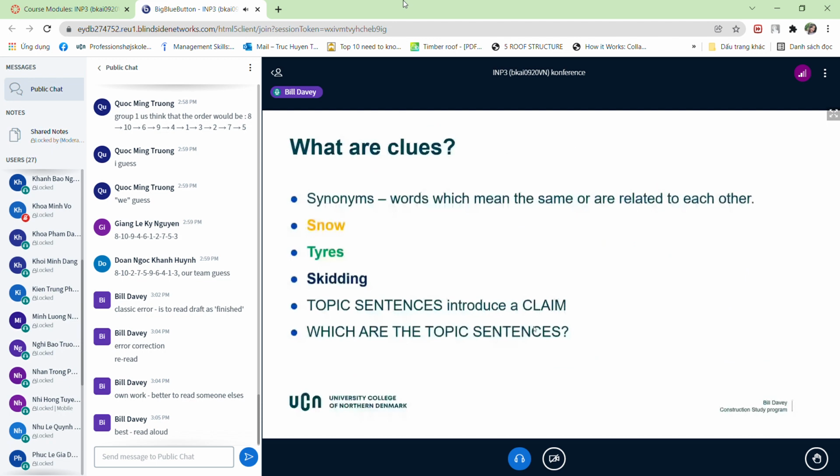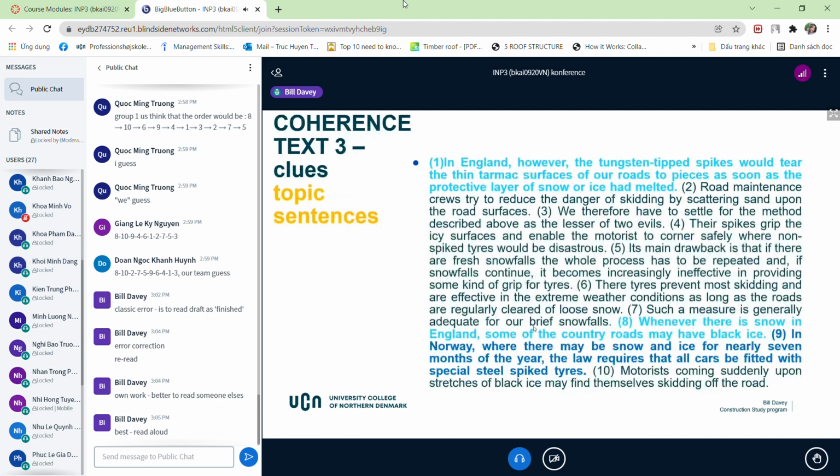there we can see our clues, words which mean the same or are related to each other. So then we have to look in that text and try to find the topic sentences. And here they are. And we've got sentence 1.